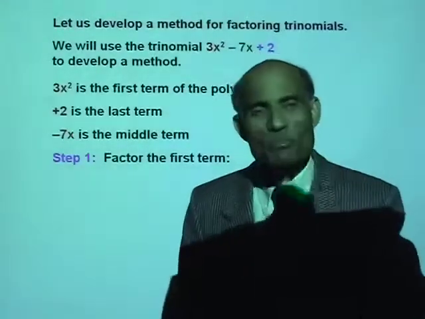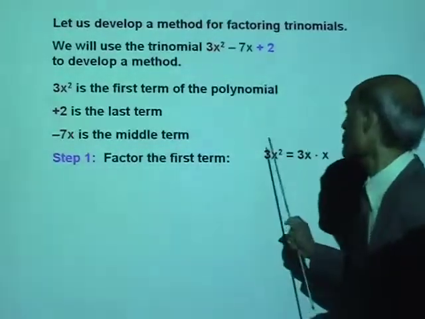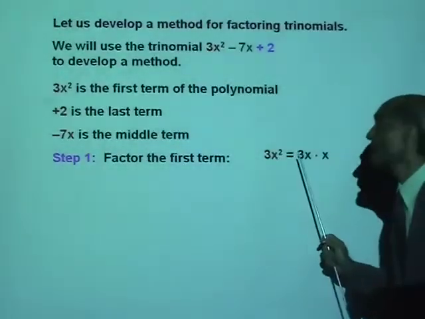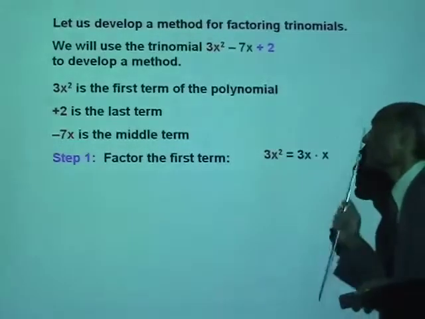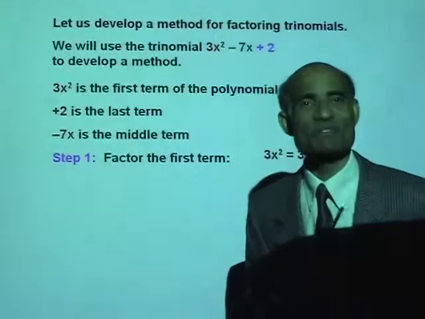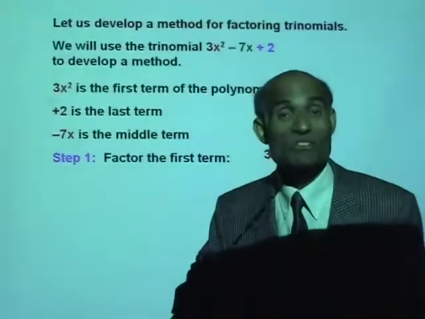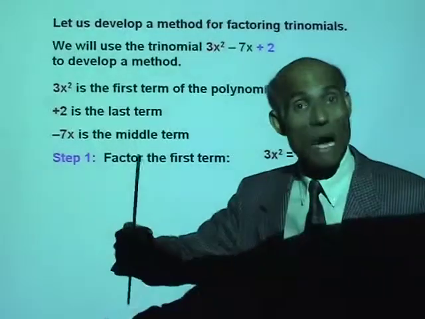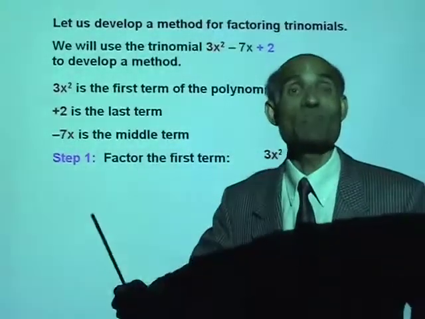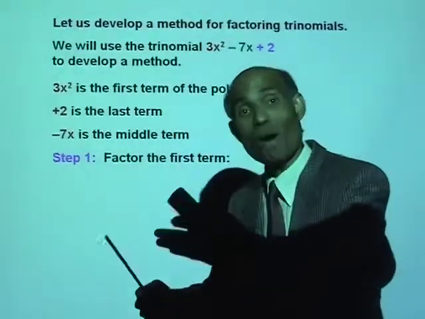There are actually a couple of ways, but one very obvious way is 3x squared can be factored as 3x multiplied by x. What is another way to factor 3x squared? Well, 3x squared can be factored as 3x squared times 1. Any number can be factored as the number multiplied by 1.